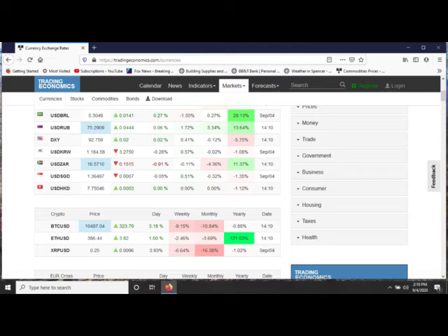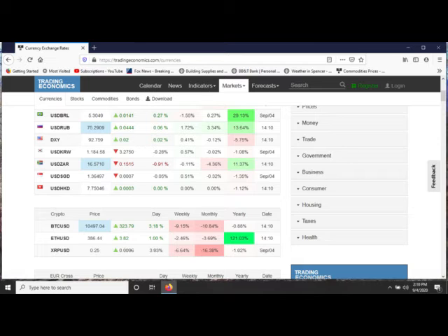Typically, if the dollar goes down in value, then the value of precious metals goes up, and if the value of the dollar goes up, then precious metals go down. Now that's normally. These are not normal times.